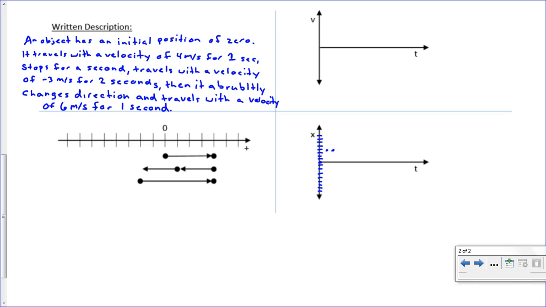it is down to 1. Here, I'll move that over a little bit. Time 3 is down to 1. At time 4 it is down to -2. And then at time 5 it's up to 4 again.